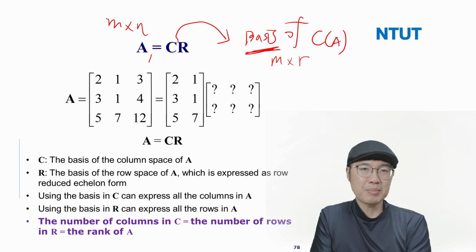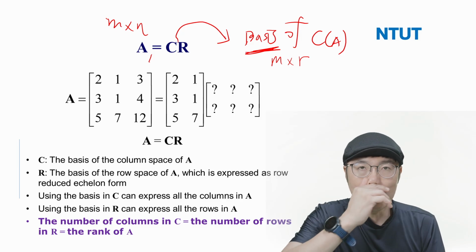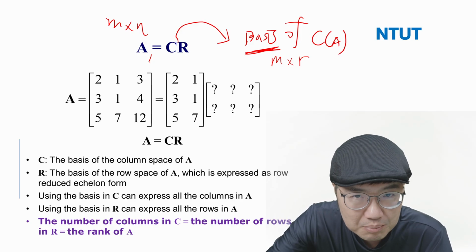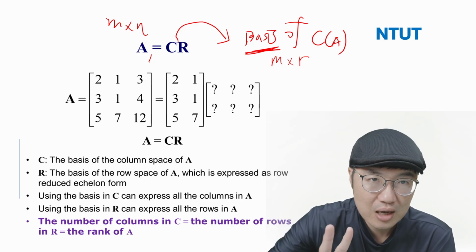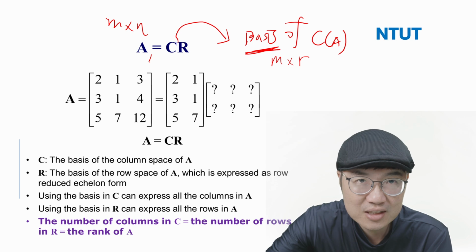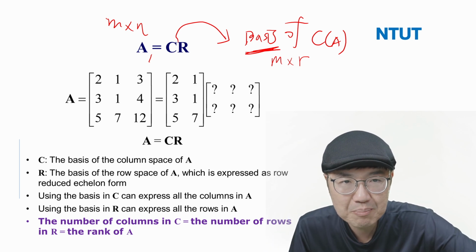They must be independent, and the column space has a dimension of r. So if we put those vectors as a matrix, we should select exactly r vectors. So C is m by r.